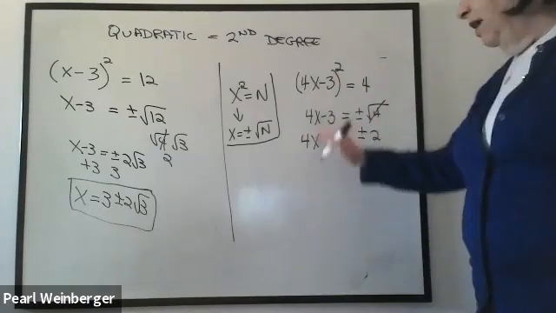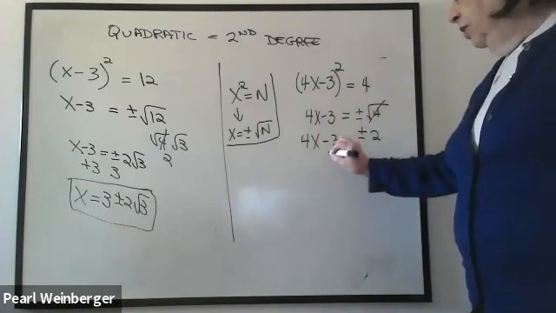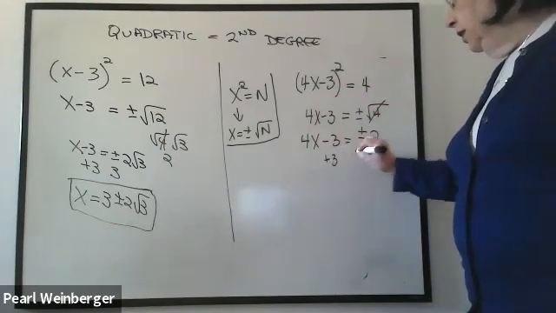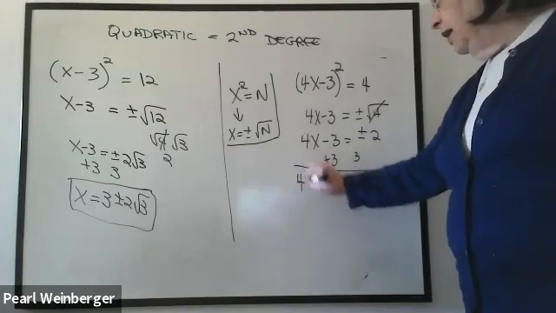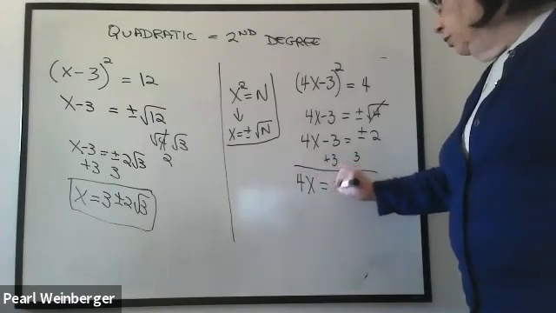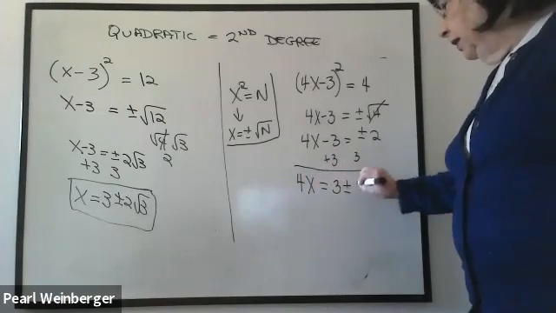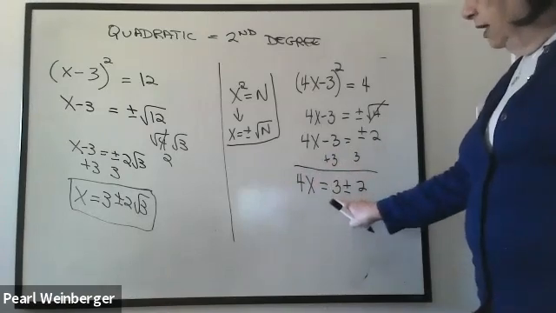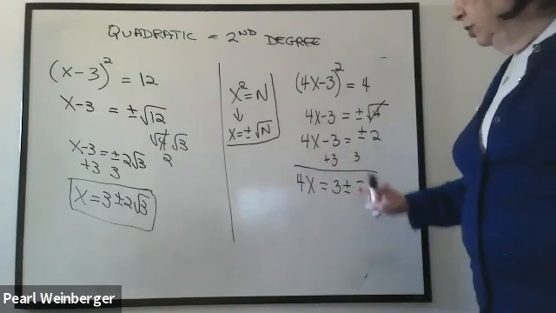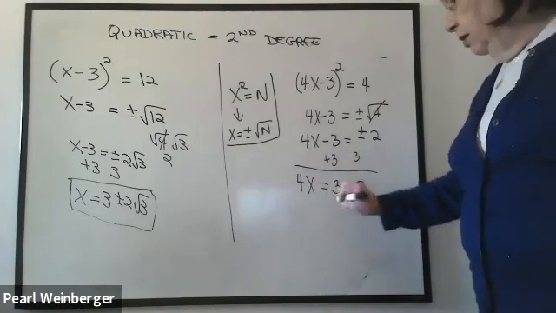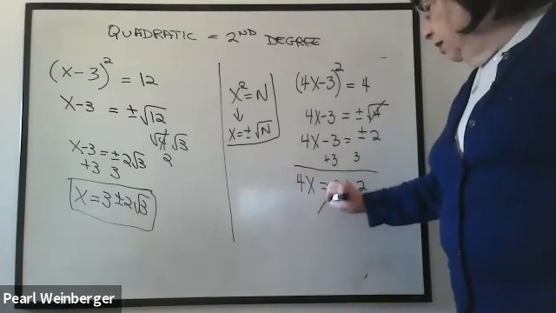And I have to solve this equation. Well, the first thing I'm going to do is bring the 3 to the other side. That'll give me that 4x equals 3 plus or minus 2. Now, it turns out these are both regular numbers, rational numbers, so I can break this up.